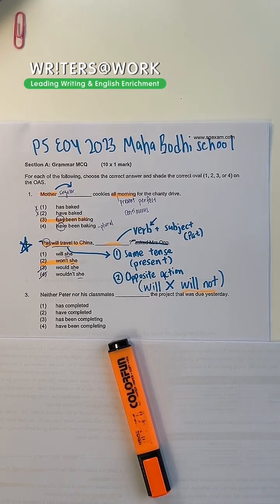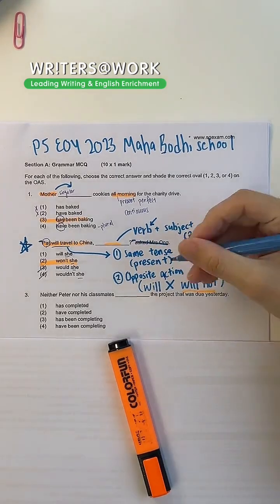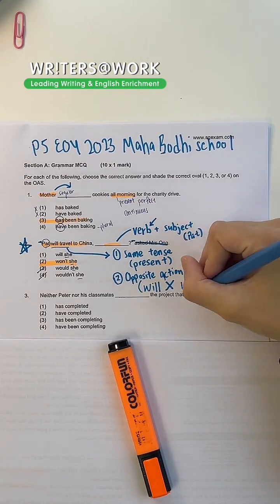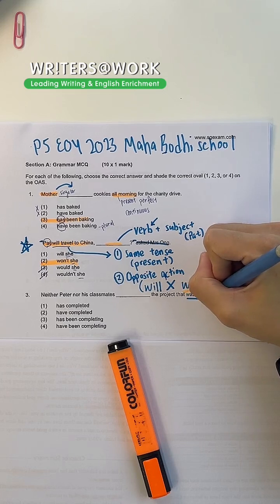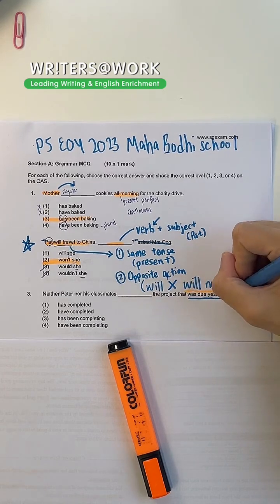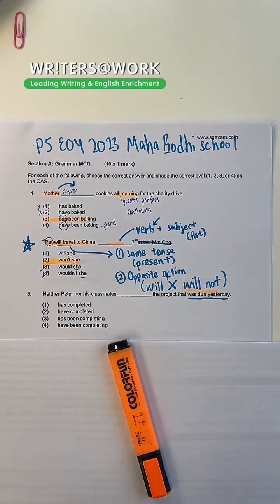So let's go about trying to answer this question. What rule should we follow, right? In this case here we have was due yesterday. Was due yesterday tells us that this project was supposed to have been completed yesterday.